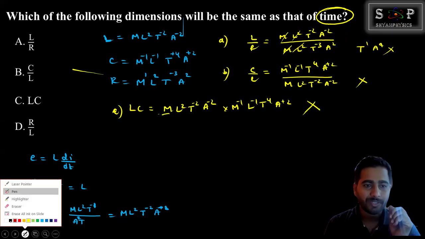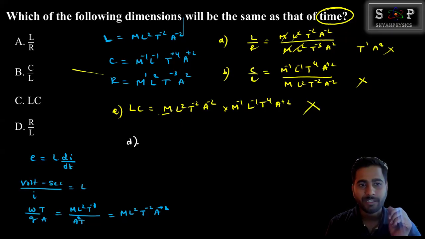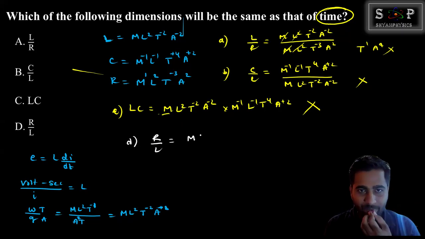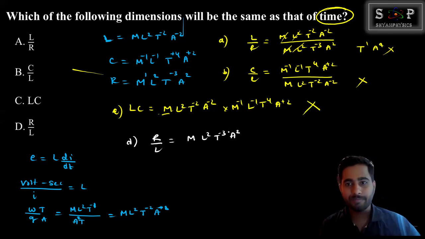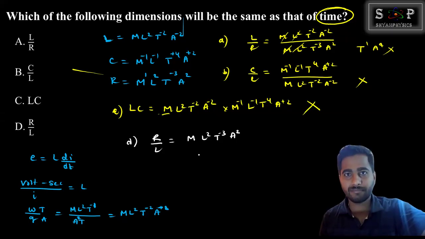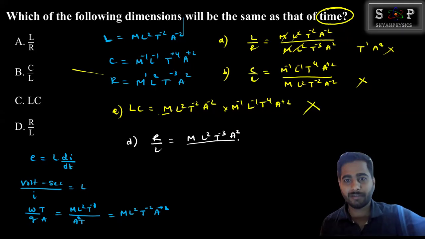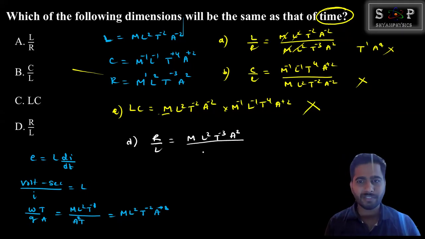Coming to the last one, option D, R by L. What is R? m to the power 1 L to the power 2 t to the power minus 3 a to the power plus 2, correct my point, divided by inductance. Inductance value, how much did they give?